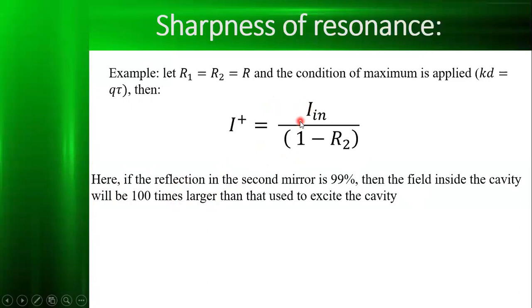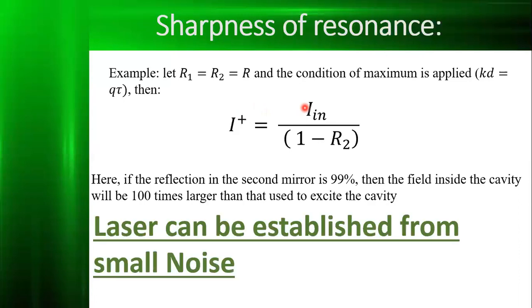Then, based on this equation, you are capable of magnifying the intensity of the photons 100 times inside the optical cavity. Okay, what about if this reflectivity is 99.99%, for example? Then the intensity inside the cavity will be 10 to the power 4, or 10,000 times higher than the incident intensity. So that's where lasers come from.